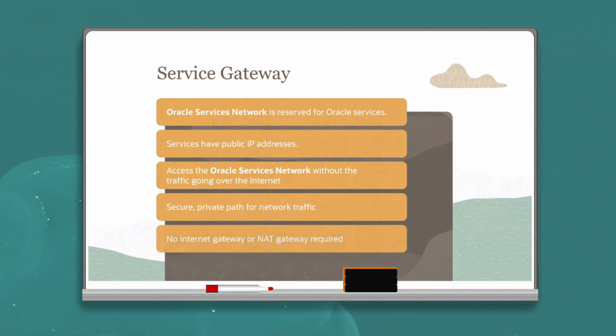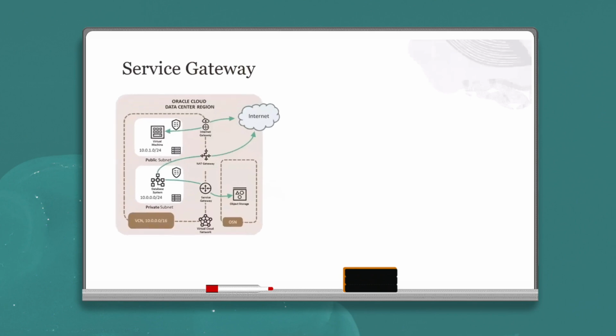The best part about this is the hosts in VCN don't need to have public IP addresses. They can only have private IP addresses, still they can access the Oracle services in Oracle Services Network. What it means is you don't need an internet gateway, you don't need a NAT gateway. So even without these gateways, just by using Service Gateway, you can access those services privately.